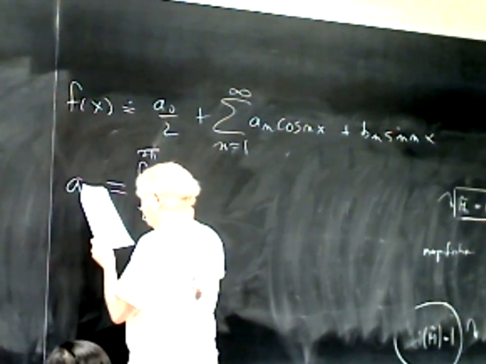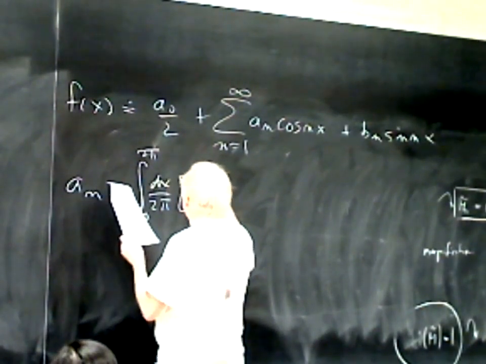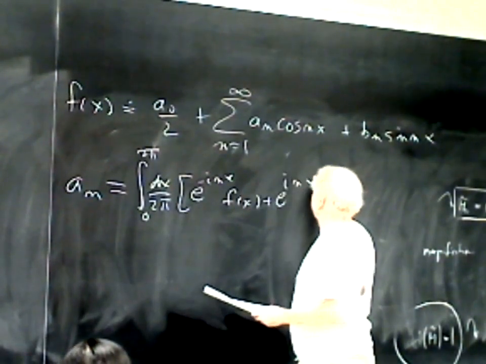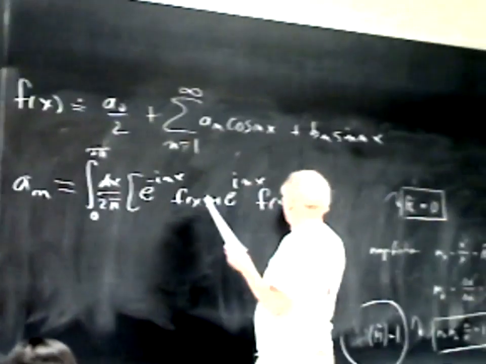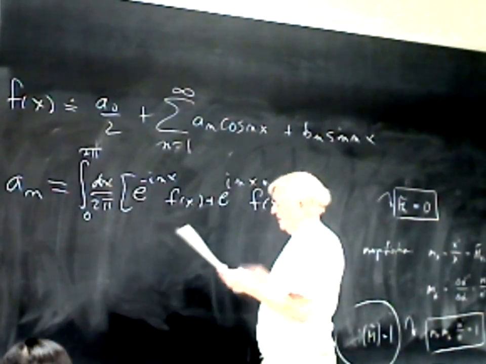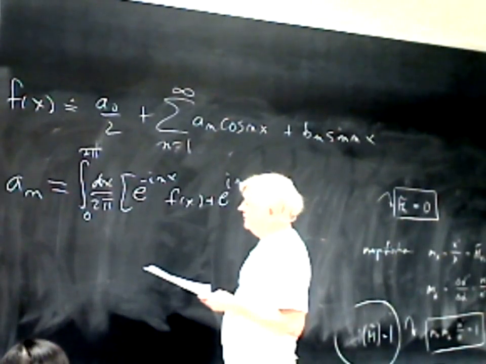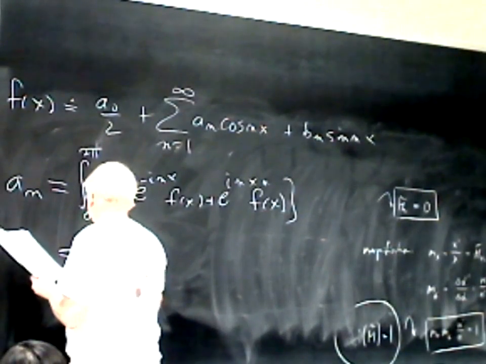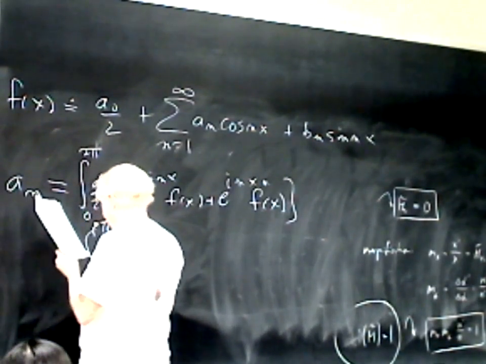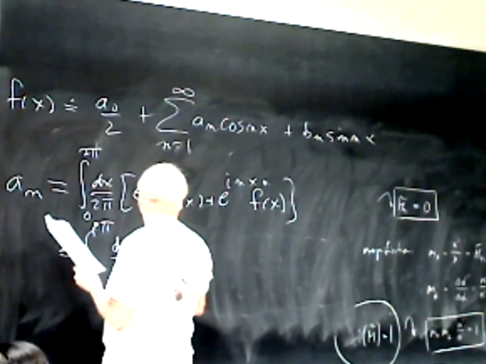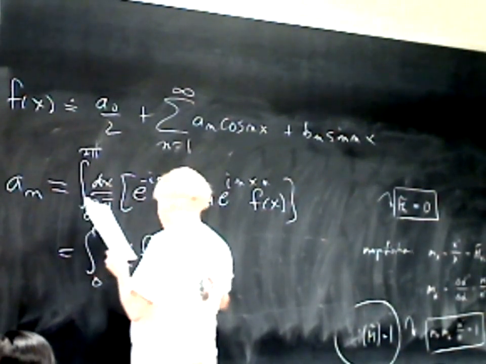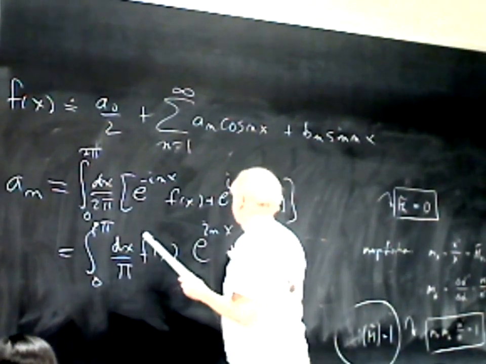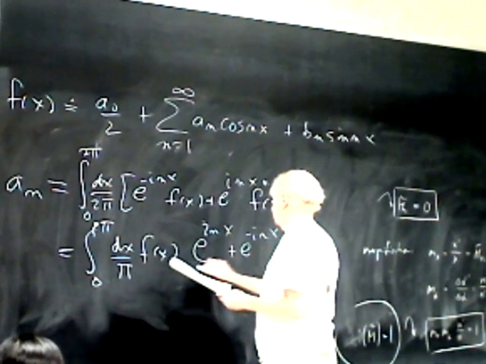dx over 2 pi, e to the minus i n x f of x plus e to the i n x f star of x. But f is real, and so this is equal to the integral 0 to 2 pi dx over just pi f of x times e to the i n x plus e to the minus i n x over 2.